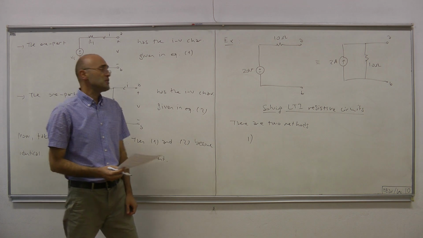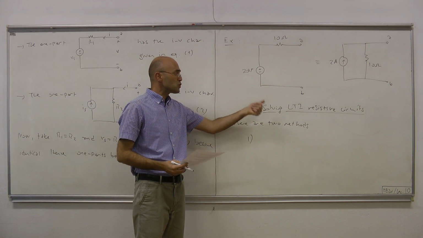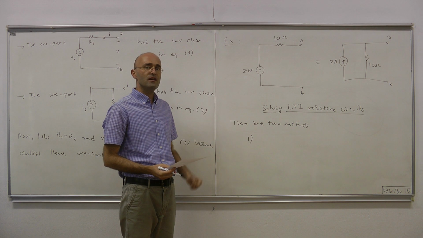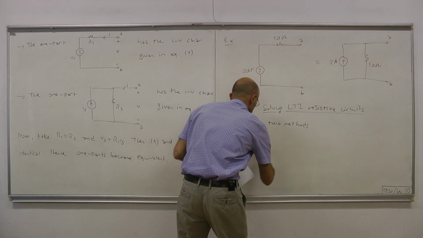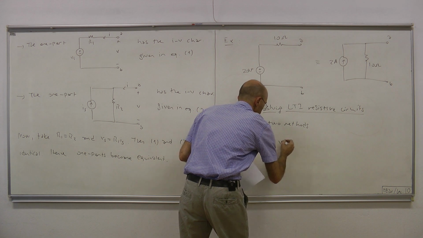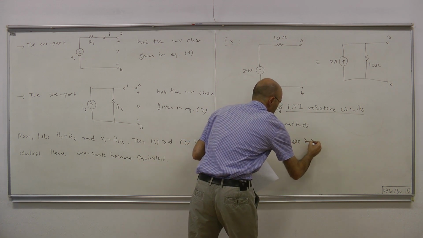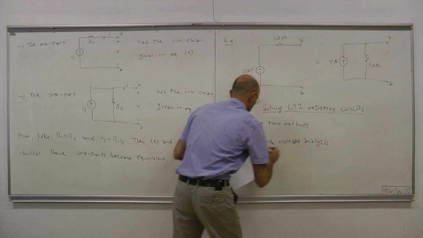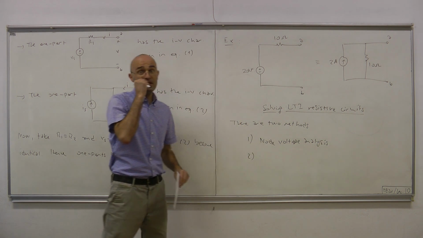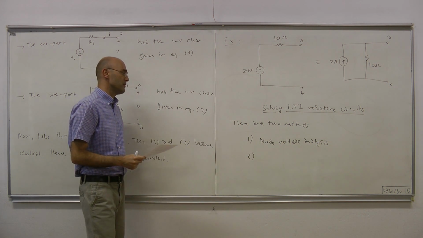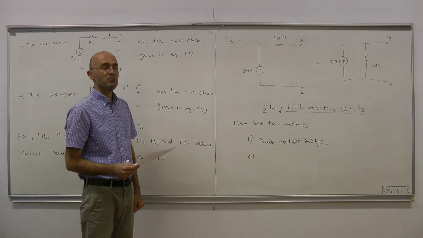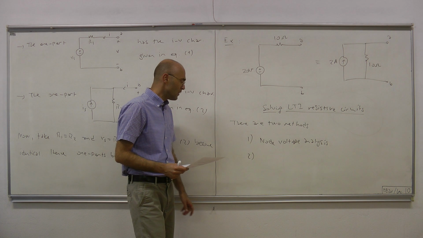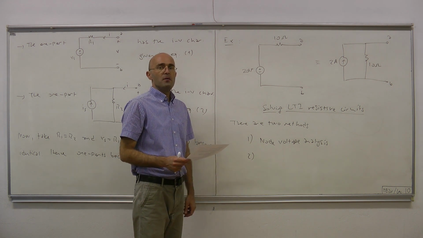One of the methods is, in order to solve the circuit, first formulate it in terms of node voltages. That's called node voltage analysis. The second method is the dual of the first method. That is, in the second method, we will see how we can formulate the circuit in terms of mesh currents.